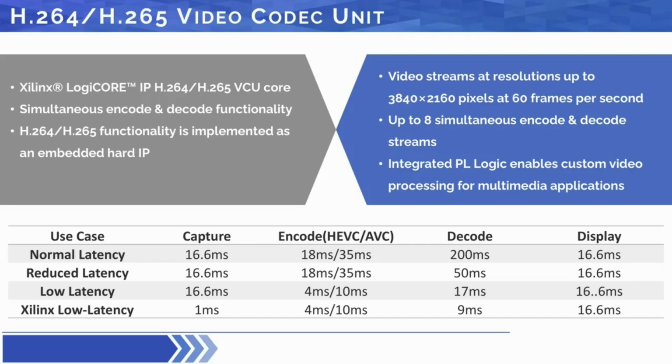The H.264, H.265 video codec unit core supports multi-standard video encoding and decoding, including support for the High Efficiency Video Coding and Advanced Video Coding standards such as H.264. There is support for simultaneous encoding and decoding of up to 32 streams with a maximum aggregated bandwidth of 4K at 60 frames per second.